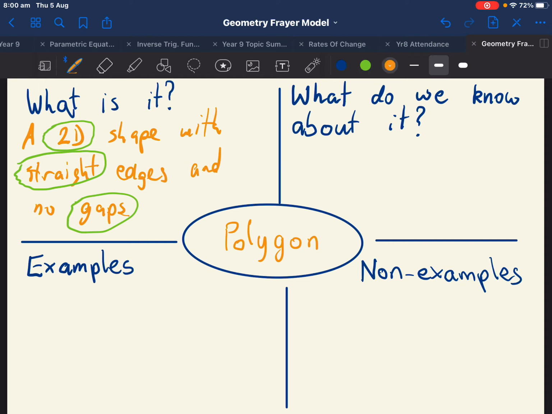All right, the next part: what do we know about polygons? Again, you just write this in your own words. In this particular case, we know that the shapes have an equal number of sides and angles.